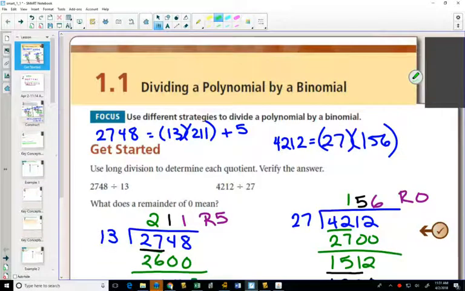Because when you're dividing 4,212 or 2,748, that's the only way you can write 2,748.